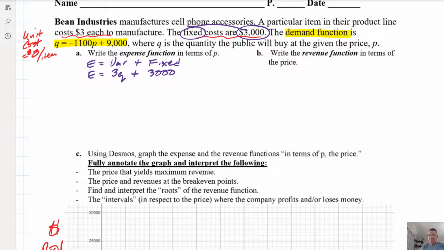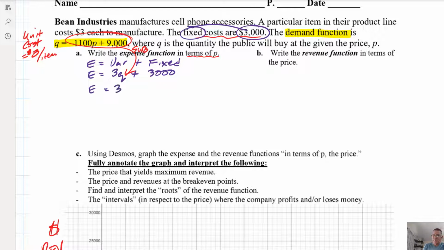So this function here, the expenses is 3 times Q, the demand, plus 3,000. This is not in terms of P. We want it in terms of P, the price. So what we're going to do is take our demand function, which we know Q is equal to negative 1100 P plus 9,000. We're going to take this and substitute it in for Q. Just do a little simple algebraic substitution step.